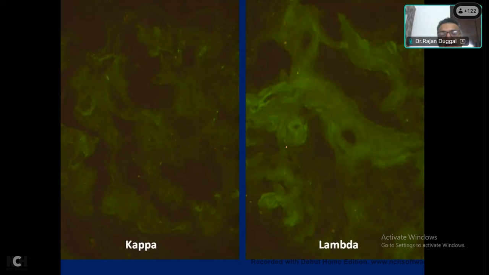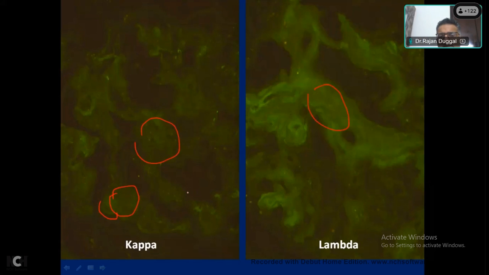It is equivocal. So the thing is, what do you think? What I'm highlighting here, is this a glomerulus or a tubule? Tubule. Oh no, Dr. Purvi, this is not a tubule, this is a glomerulus. You can see these are the glomerular capillary loops, and you can see this material in the expanded mesangium, and similarly here.